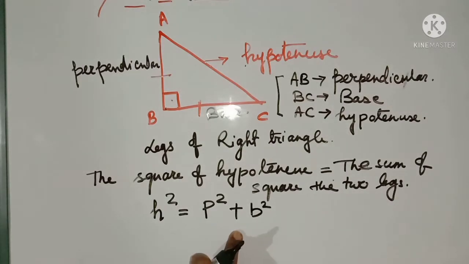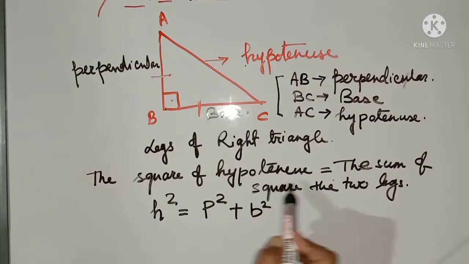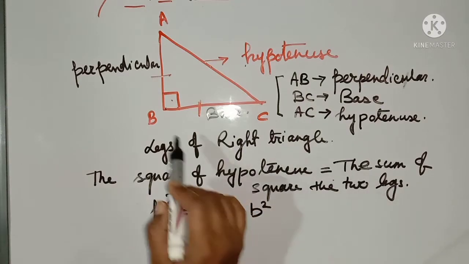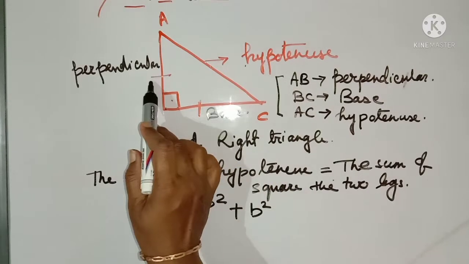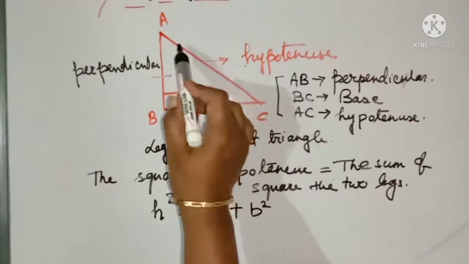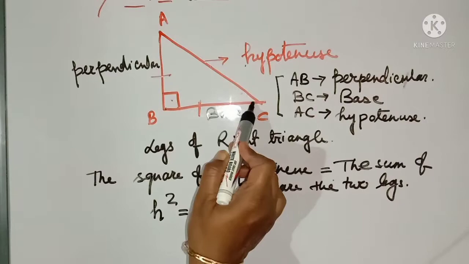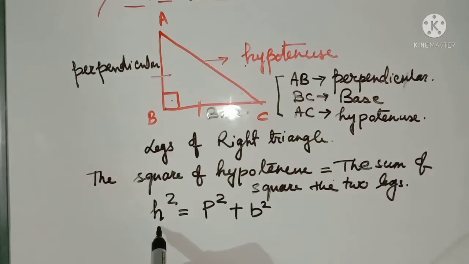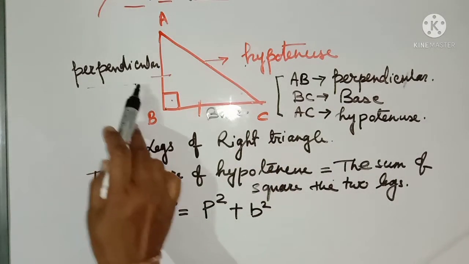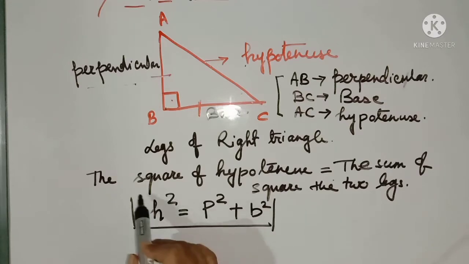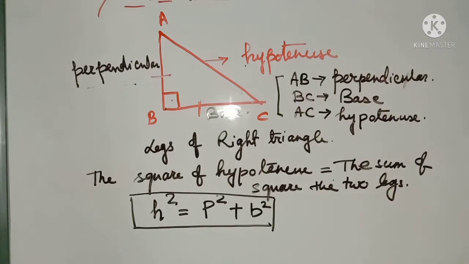So again I am going to repeat, the square of the hypotenuse is equal to the sum of the squares of the two legs. Here the two legs are base and perpendicular. Hypotenuse is the longest side. Always remember, hypotenuse is the longest side. So hypotenuse square equal to perpendicular square plus base square. You have to always remember this formula, or this is the definition.